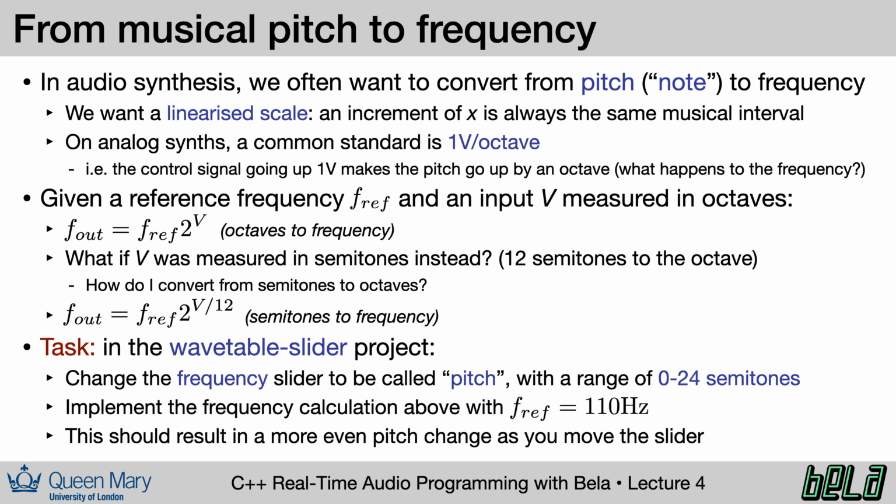So in other words, we are going to have a frequency range which goes from 110 to 440 Hertz, but we're not specifying that directly in Hertz on a linear scale, we are specifying that on a musical semitone scale. And what you'll find when you do this is that the slider becomes much more uniformly sensitive across the pitch range. The same amount of variation in position of the slider will always correspond to the same musical interval. Try this now, pause the video here.